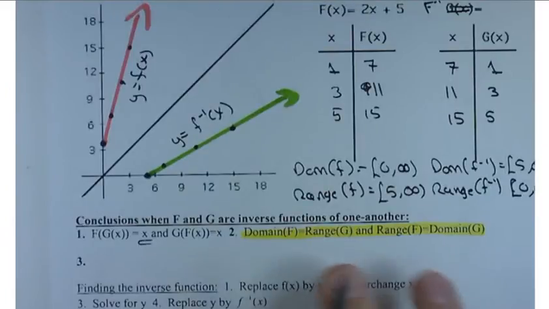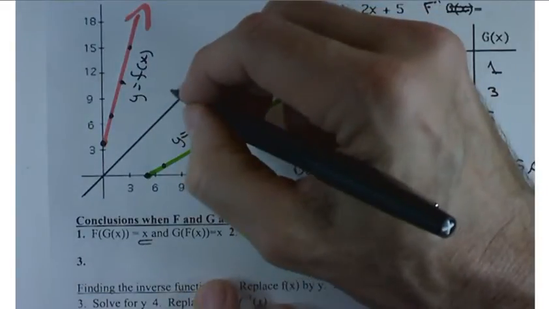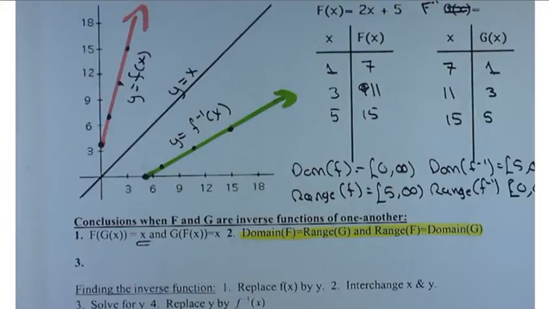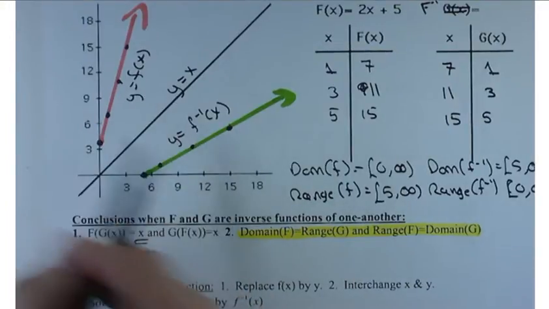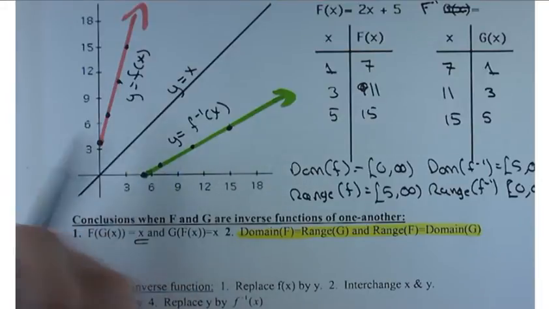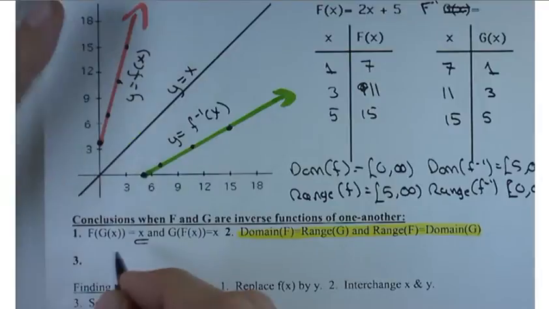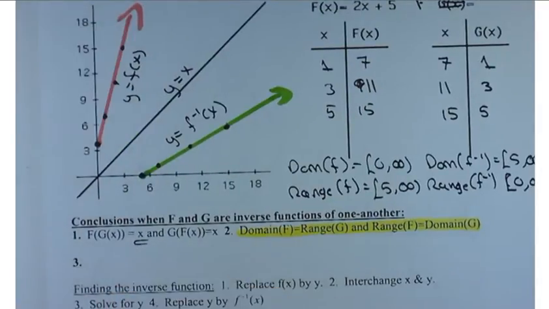There's one last conclusion about this that I want us to look at. This line here, the line y equals x, is kind of important to this graph. Is there anything noteworthy about these two functions relative to this line y equals x? Okay. All right. Somebody said they're mirror images of each other.